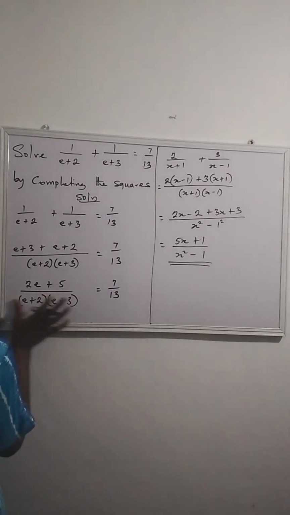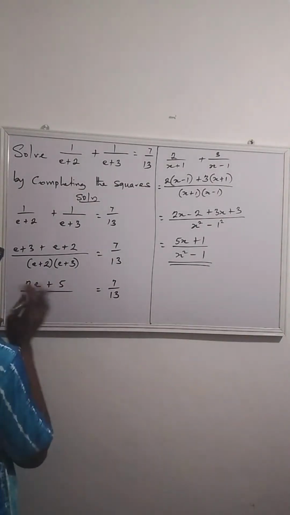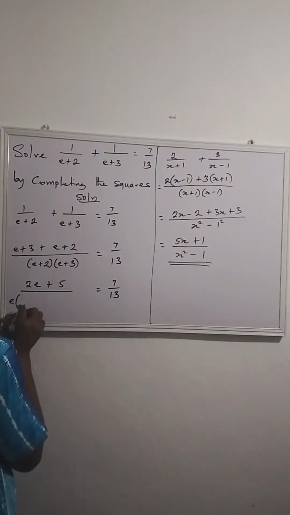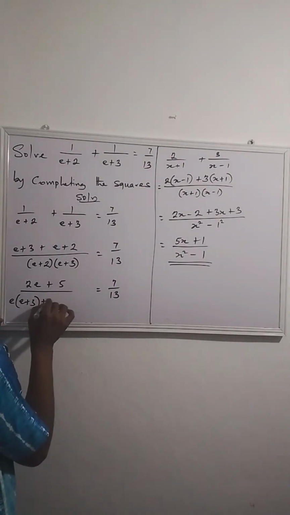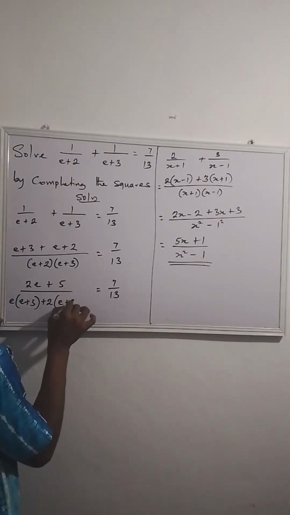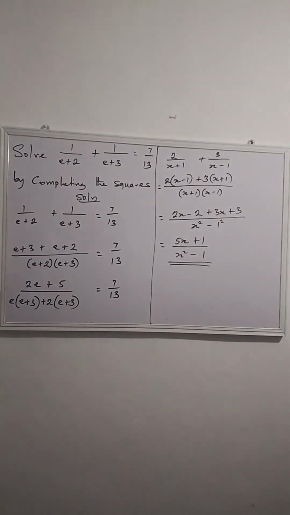So now the denominator here can be written in this form: we have e times e plus 3, plus 2 times e plus 3. Hope you get that. So this multiplies this, we have this. Now this second one multiplies what we have here. So that is what we have. So now let us open the brackets.